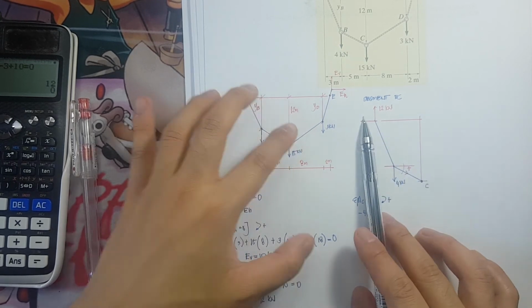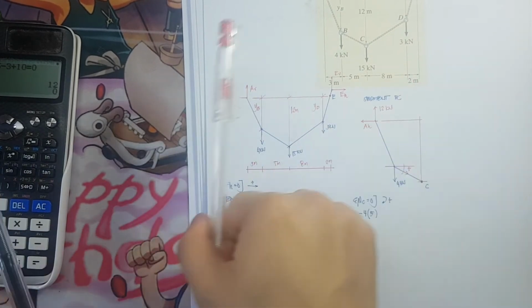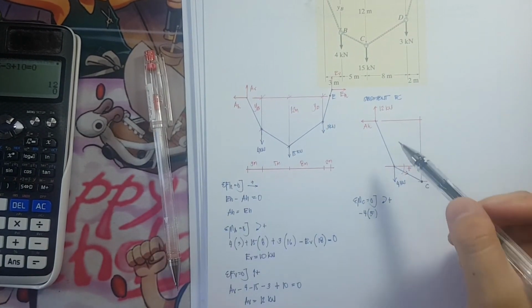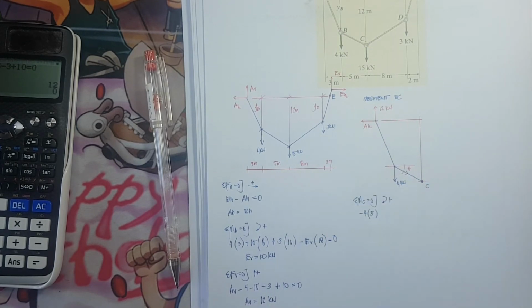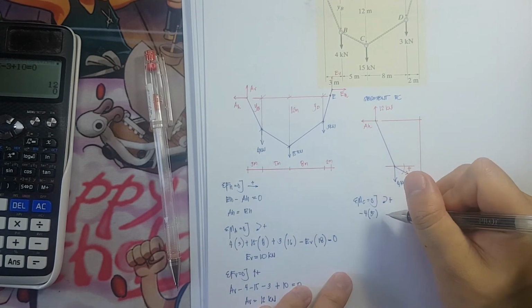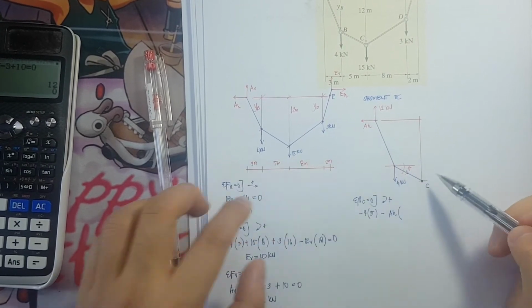So we are left with AX, or A horizontal. For A horizontal, it is rotating again in a counterclockwise manner. So we have negative A horizontal times a lever arm.